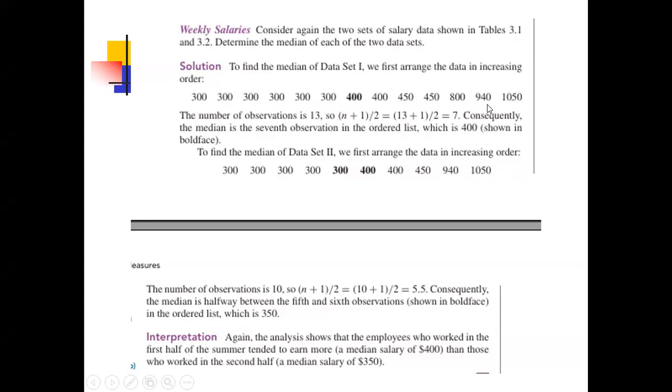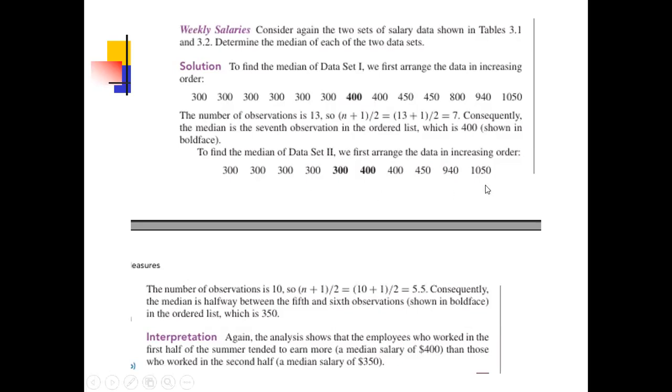Instead of counting one by one, we know it's (13 plus 1) divided by 2, which is the seventh number. So this is just the seventh number, the median of this data set 1, from our first example with weekly salaries.